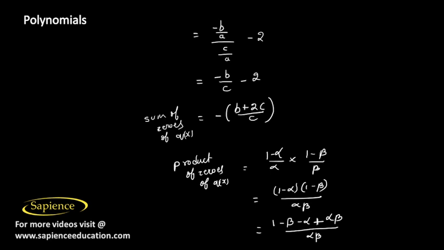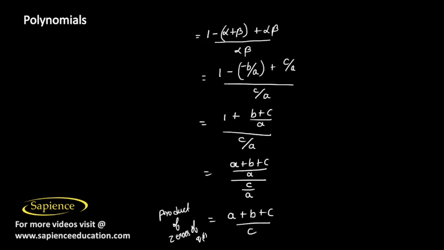We have the sum of the zeros and we have now found the product of the zeros.